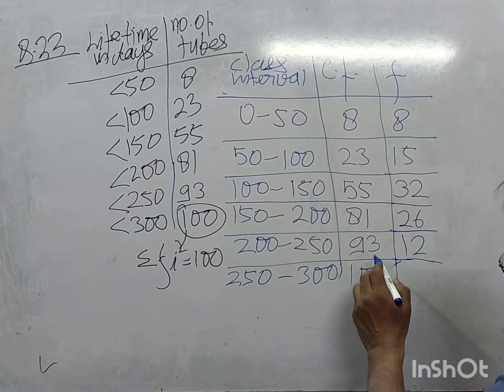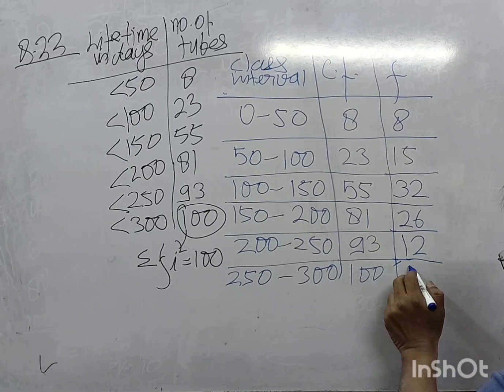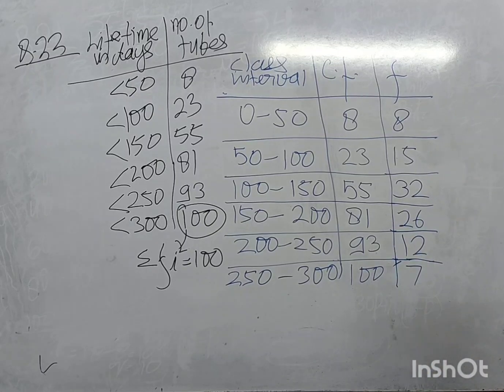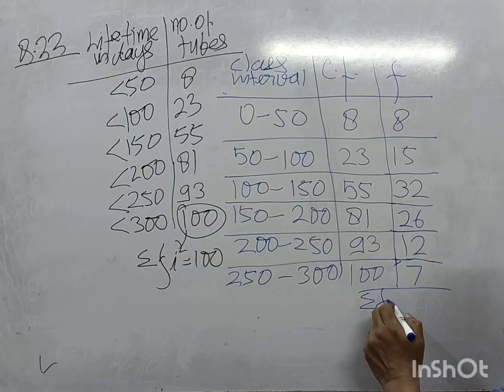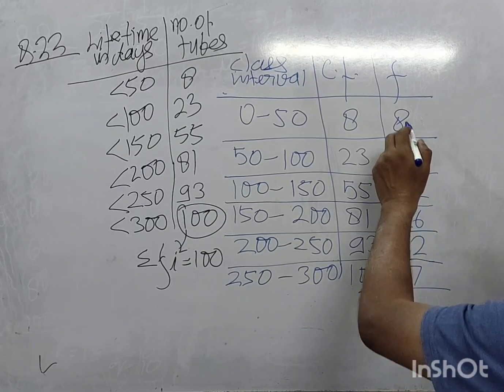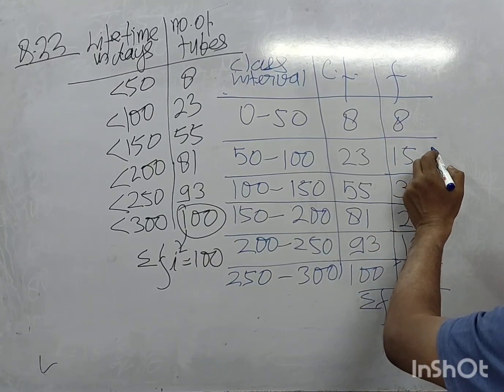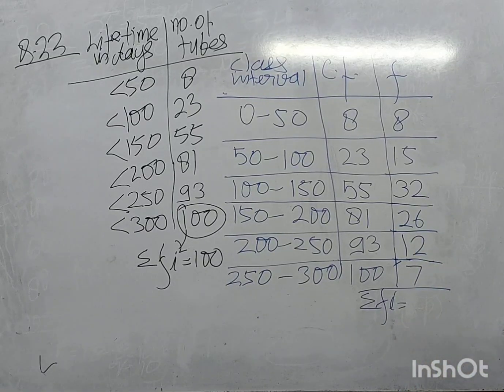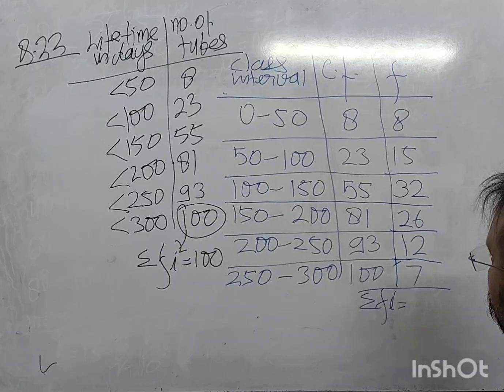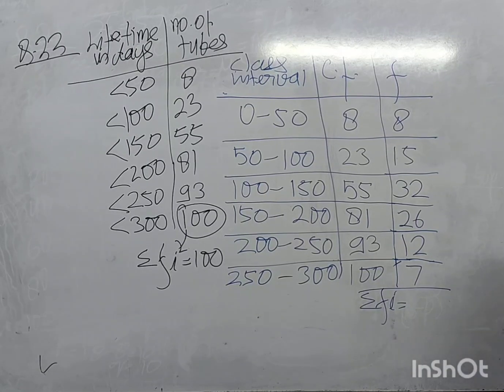So 100 minus 93 becomes 7. Now it is correct. So summation of Fi, just to cross check, it's 8, 15, 32, 26, 12, 7. I hope it is correct.